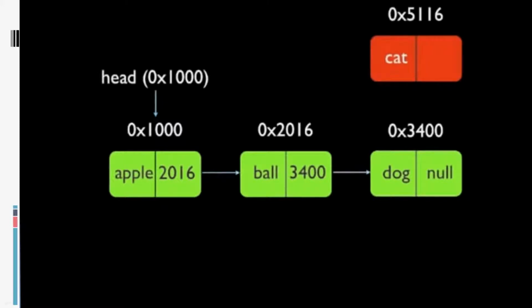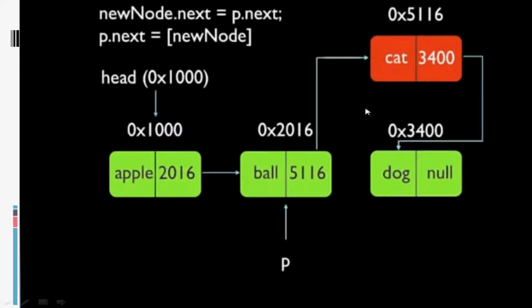If I have a cat to insert in the memory address, this apple will link to the ball, will link to the cat, and the cat will link to the dog. As you can see, this address is linked here, this address is linked here, this to this.